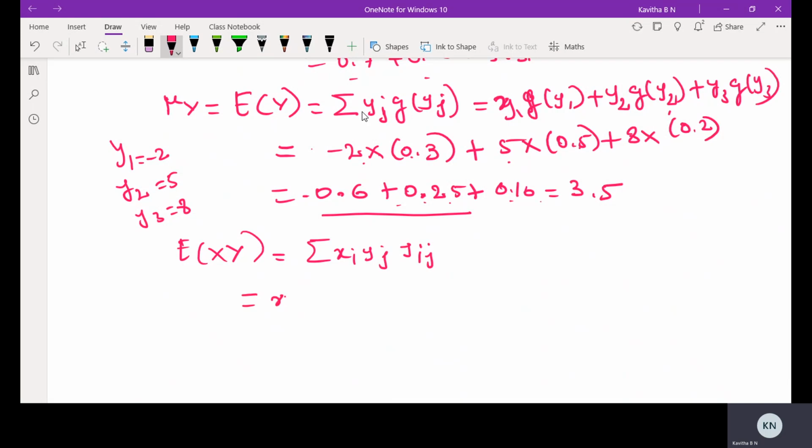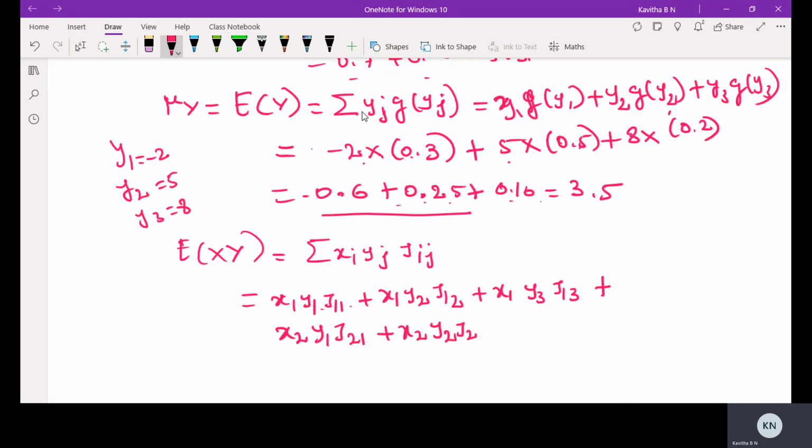Means x1 into y1 into j11, plus x1 into y2 into j12, plus x1 into y3 into j13, plus x2 into y1 into j21, plus x2 into y2 into j22, plus x2 into y3 into j23.